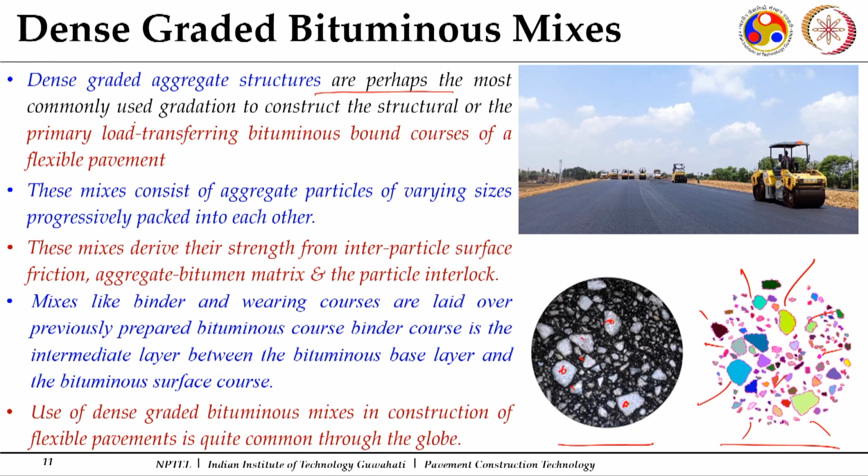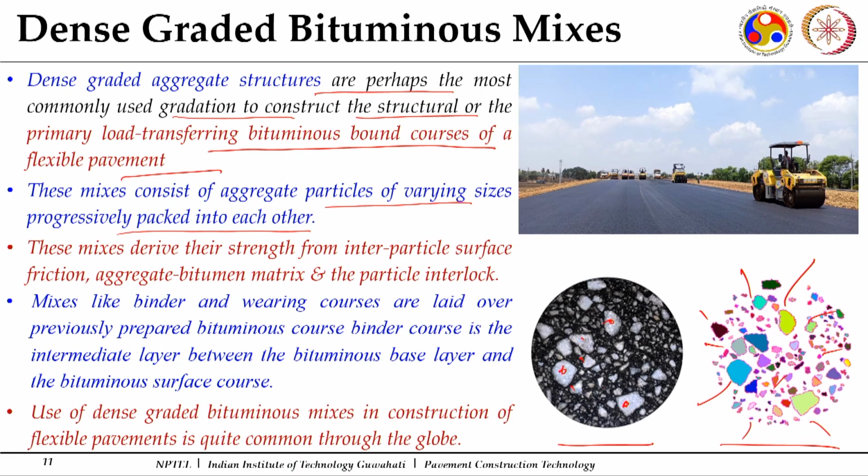So dense graded aggregate structures are perhaps the most commonly used gradation to construct primarily low permeability bituminous bound courses. This is the most preferred gradation for construction of flexible pavements. These mixes consist of aggregate particles of various sizes progressively packed into each other.